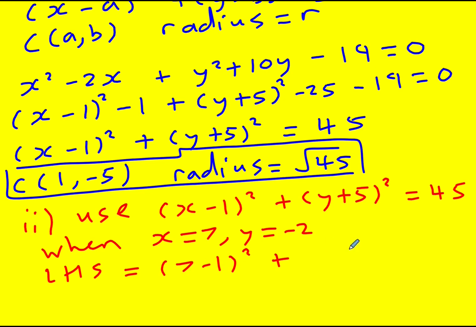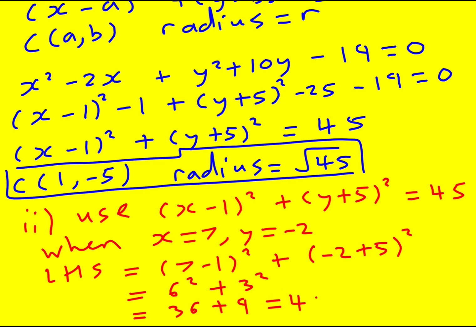You might know this is going to be 6 squared, but let's not rush it. We're asked to show, so it needs to be really convincing. So this is going to be 6² + 3², which is 36 + 9, which is 45, which is equal to the right-hand side.